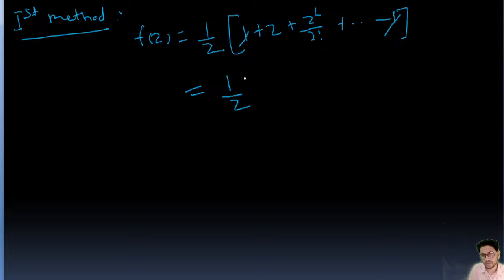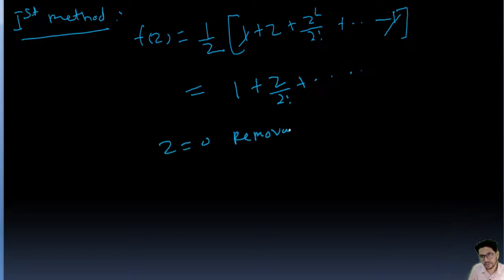Taking z inside, this is going to be 1 plus z upon 2 factorial plus so on. So we can see there is no negative power of z. It means z equal to 0 is a removable singularity.